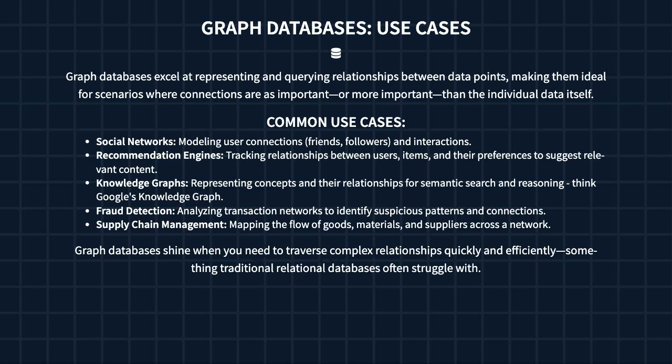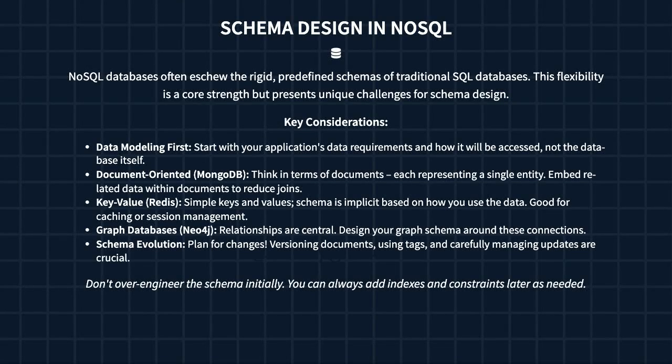You can use them to build knowledge graphs, which is used by search engines to understand the meaning behind your queries. And even in areas like fraud detection, where tracking connections between transactions is key. The bottom line is, if relationships are central to your data, a graph database is often a better choice than a traditional relational database.